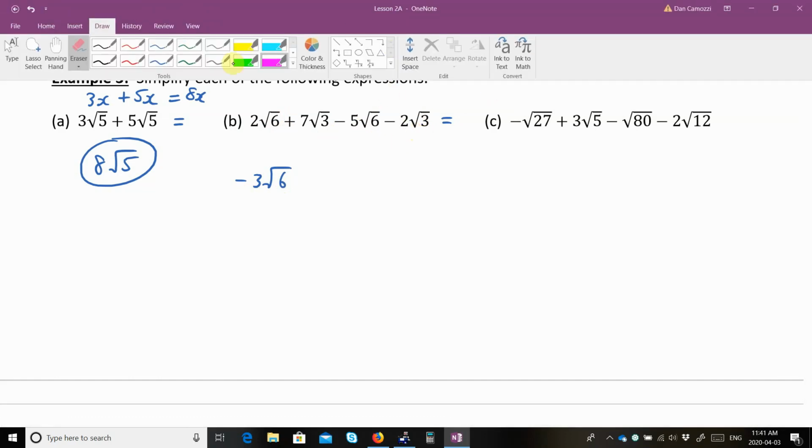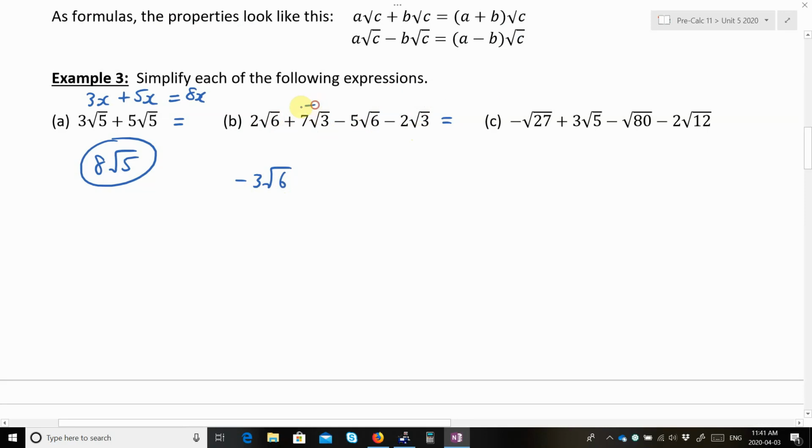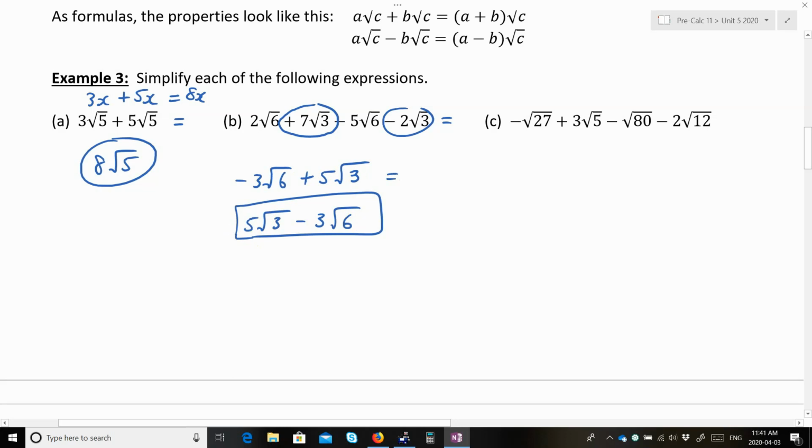Okay, so that deals with the root 6 expressions, and then if we look at this, we've got positive 7 root 3, and I'm taking away 2 root 3. That would leave us with plus 5 root 3. Okay, so you can leave the answer like that, or you could put the positive expression first, 5 root 3 minus 3 root 6. And you're good to go. We cannot subtract root 3 with root 6 because those are unlike radicals.